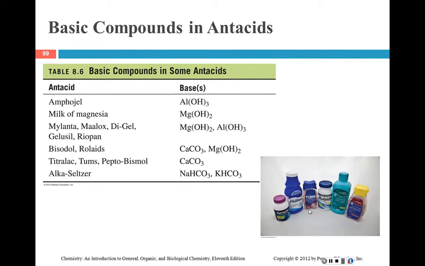Basic compounds in antacids: some have calcium, some have magnesium, and Alka-Seltzer actually has potassium and sodium in it. These are all group 1A or 2A metals, except for aluminum, with your hydroxides.